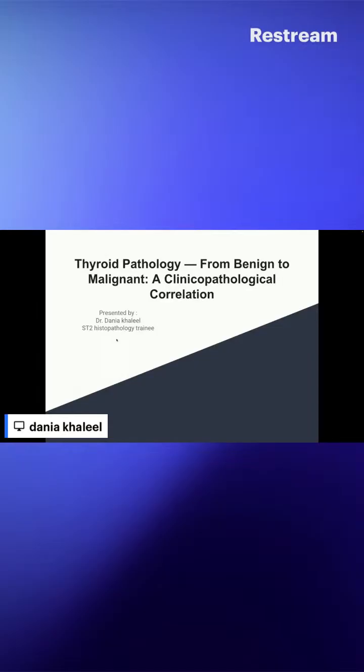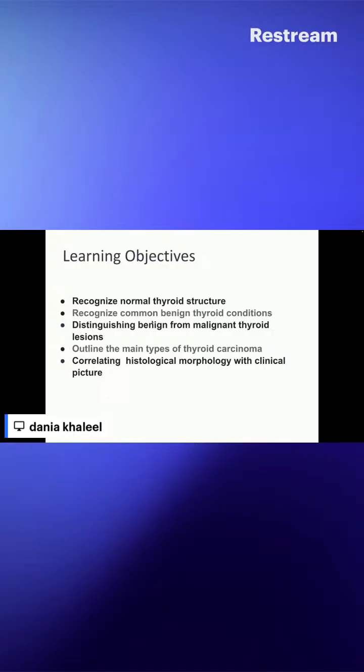So here we want to bring the clinical and pathological features a little bit closer. At the end of this session, I would like you to recognize the normal thyroid structure in histology, recognize common benign thyroid conditions, distinguish benign from malignant thyroid, and outline the main types of thyroid carcinoma and how they look on histology.